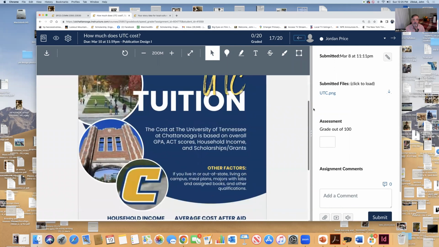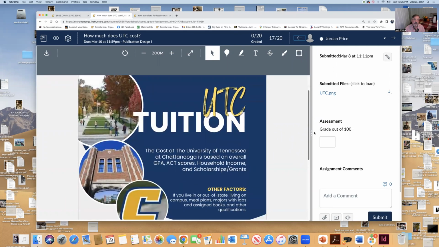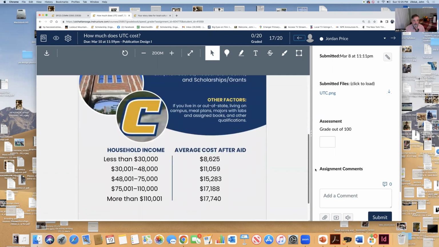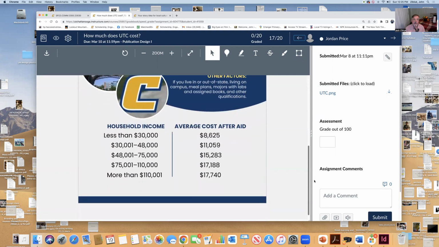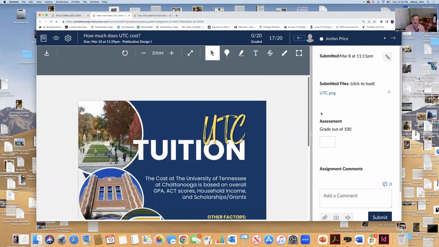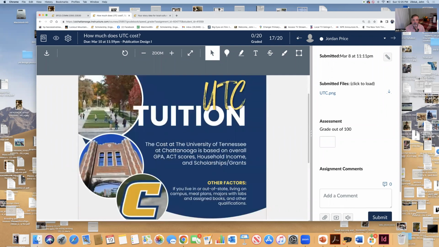Interesting that y'all use very similar graphics, but that's okay. Real straightforward, using a table. Very understandable. Some people use bars, there is nothing wrong with using a table. Again, not one way to do this.